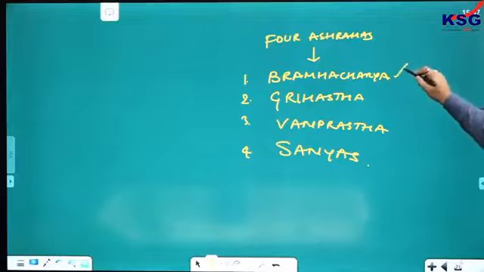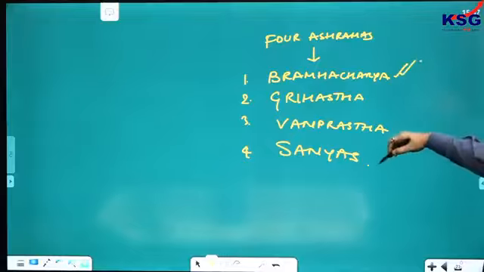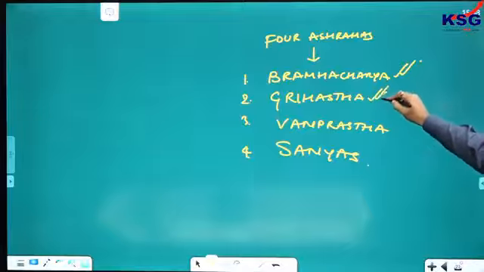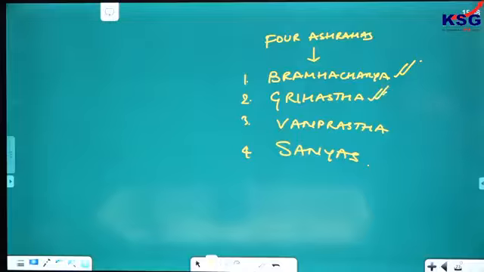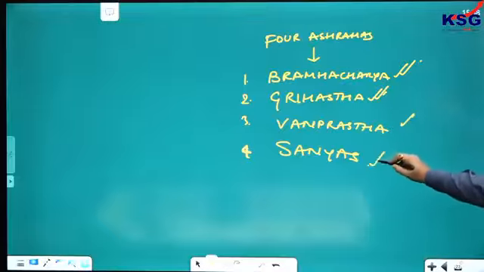Brahmacharya is when you are a student, studying the Vedas; then you get married and enter Grihastha life. After a certain age, after you have grandsons, you live in the forest, and thereafter you become a sannyasi.